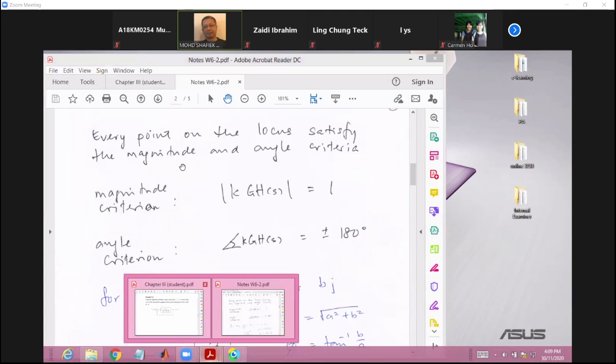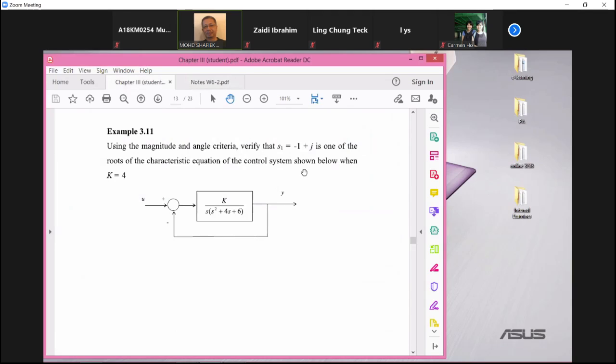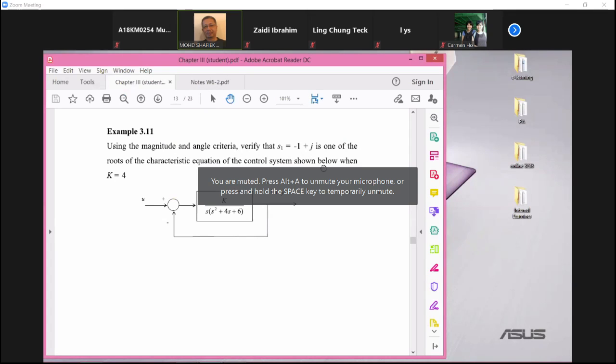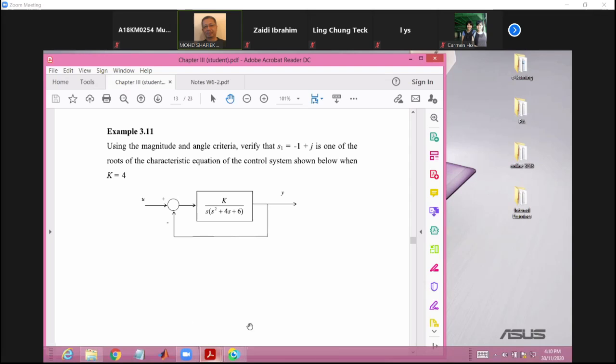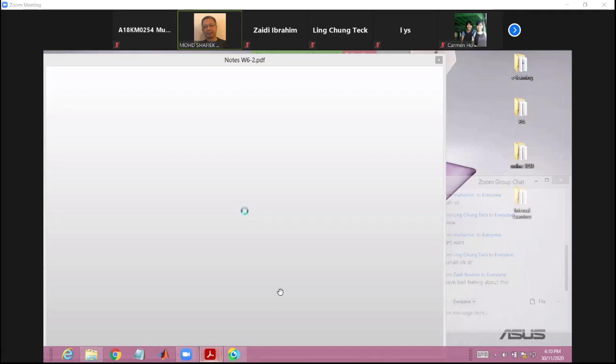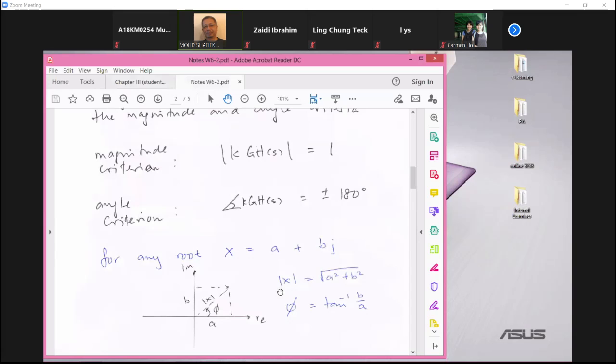The question wants us to show, using the magnitude and angle criteria, that this point is one of the roots. All you have to do is substitute this value in the open loop transfer function, and then see whether the magnitude is 1 and the angle is 180. It is as simple as that. So I don't have to write a lot today, so my note is already self-explanatory.